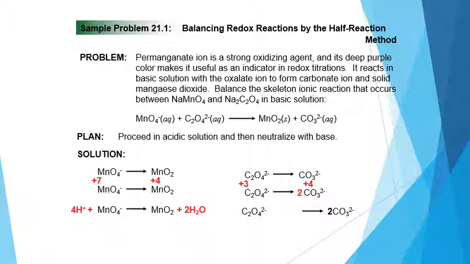Now on the other hand, we have the oxalate, which is C2O4 2 minus, and we have to balance the number of carbons on the product side. Take note that we have 2 carbons on the reactant side, so we place a stoichiometric coefficient of 2 on the carbonate molecule on the product side. Then to compensate the oxygen atoms on the product side, take note that we have 2 times 3, which is 6 oxygen atoms here.